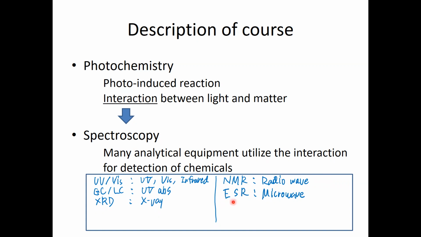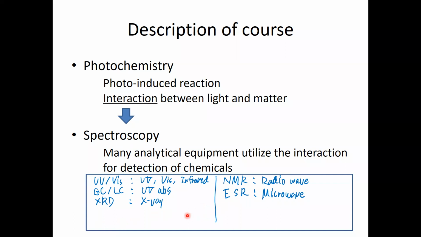And also ESR, electron spin resonance. Here radical species are usually detected, and the energy splitting of the radical by a magnet is detected by microwave absorption.